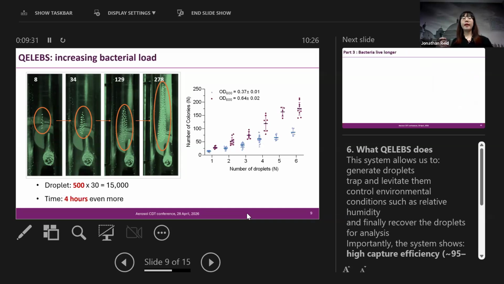And also we can have a levitation time of 4 hours or even more. Now basically we can do the levitation overnight. This is a very strong piece of equipment, and there is a lot of future beyond this.